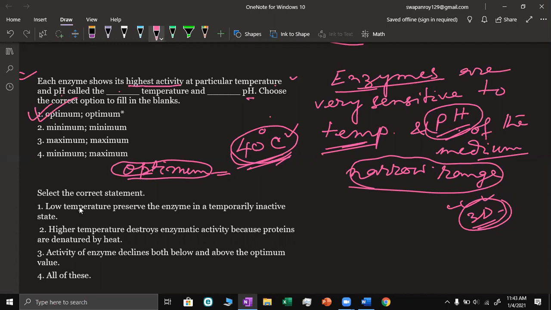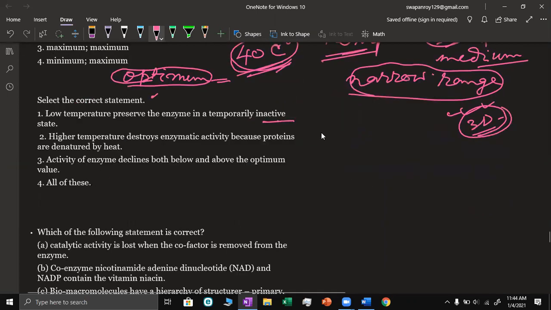Next question: select the correct statement from here. Low temperature preserves enzymes in a temporarily inactive state. This is also related to the effect of temperature on the enzyme.